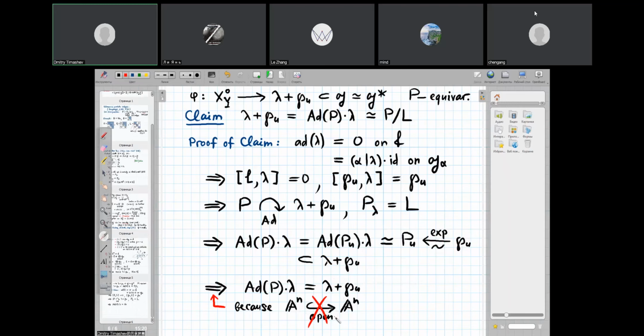And this is not possible. For instance, because if such an embedding existed, then you could take a complementary divisor to this open subset in here. This complementary divisor is given by a single equation because the coordinate ring of the affine space is factorial, a unique factorization domain.